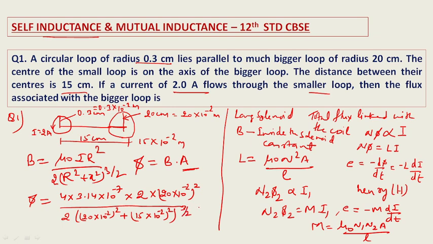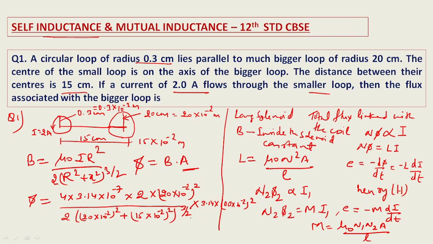And it will be multiplied with the area of the smaller loop. So pi r square. So again 3.14 into 0.3 centimeter is the radius. So 0.3 into 10 power of minus 2, again squared, like this.